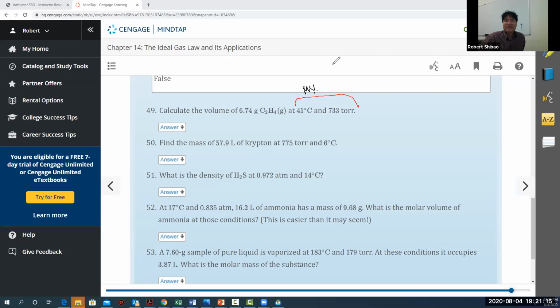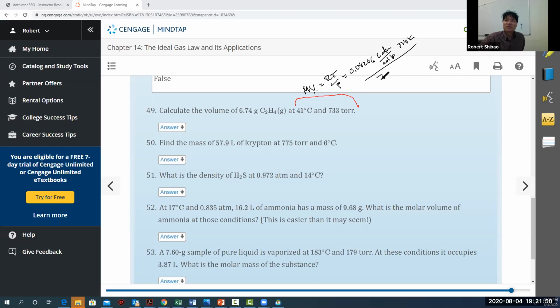Dimensional analysis might be a bit more work in this particular instance, but it's RT over P, 0.08206 liters atmosphere per mole Kelvin, times the temperature, 273 plus 41, 314 Kelvin.